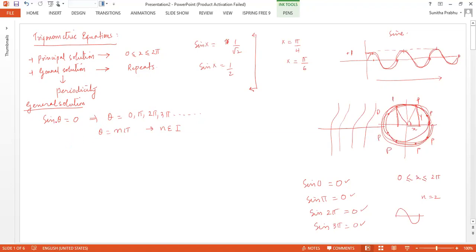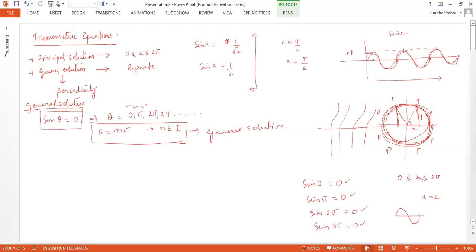So when you have sine theta is equal to 0, if you are able to say theta is equal to n pi, where n belongs to integers, that means you are offering a generic solution for the given equation. The equation that you had is sine theta is equal to 0.